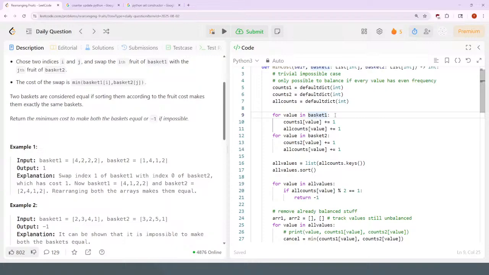So make my counter. I guess it doesn't. Does it matter where the pairs are located? Yeah, it does.